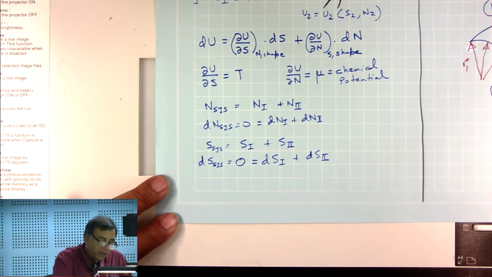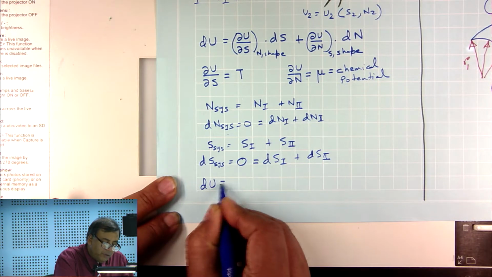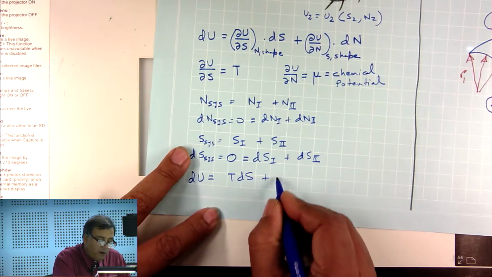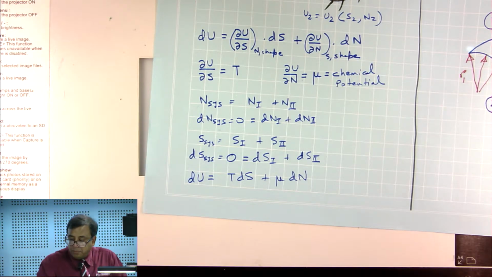And so, if I write down my equation, my dU is equal to TdS plus mu dn.